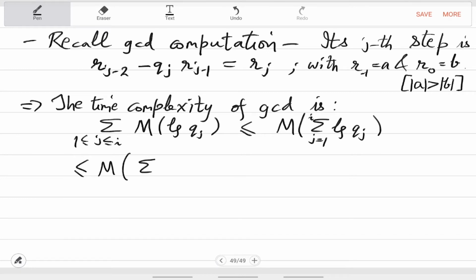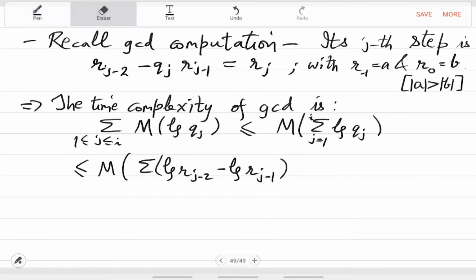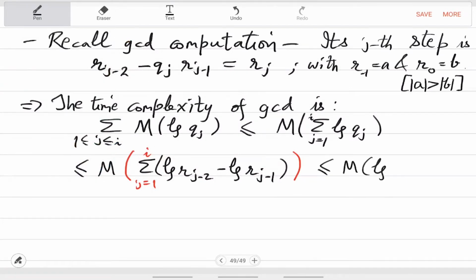So you will get the sum of log of Rj minus 2 minus log of Rj minus 1, with j going from 1 to I. This then becomes M of log A. So it doesn't matter actually how many iterations there are.